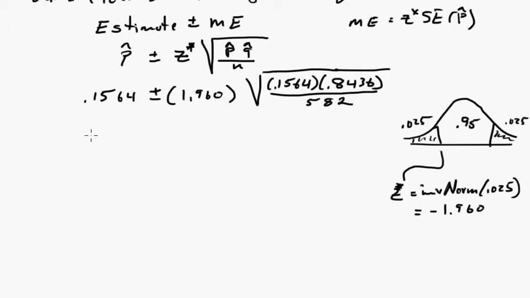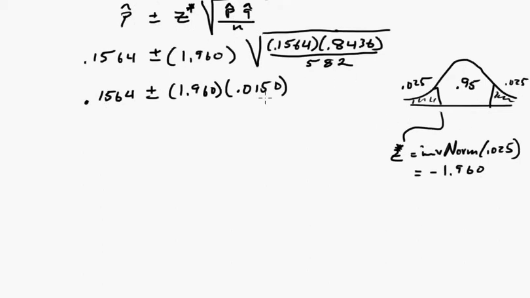And so this becomes, at least what I get, plus or minus 1.960 times 0.0150. Again, don't round too much until the end. That's the key thing. So the confidence interval that I get is 12.7% to 18.6%.